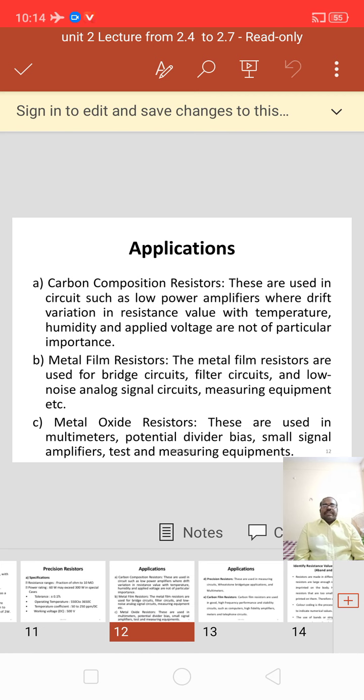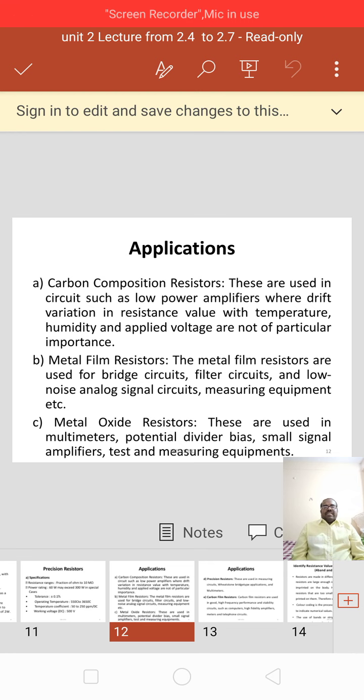The most important topic is the applications of the above resistors: carbon composition, metal film, metal oxide, precision, and carbon film resistors. Carbon composition resistors are used in circuits such as low power amplifiers.